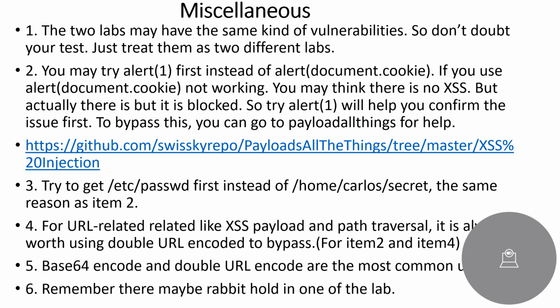So in this case, you may try double URL encoding to bypass it. And based on my understanding, base64 encoding and double URL encoding are the most common encoding ways that will be used. So you need to practice more on these two encodings.